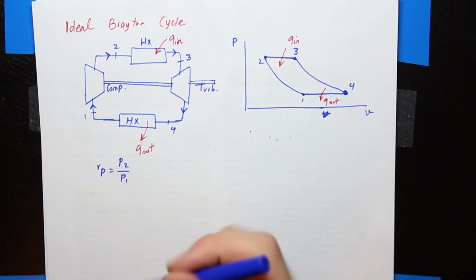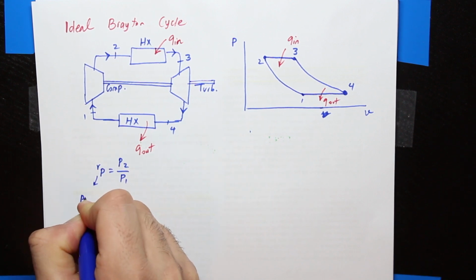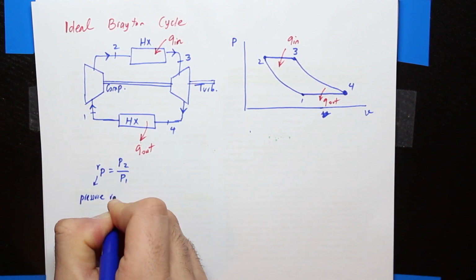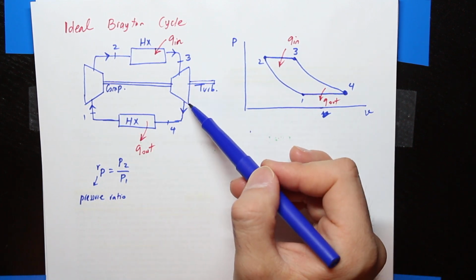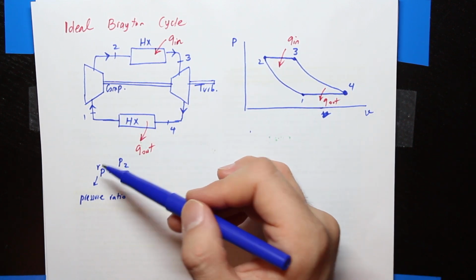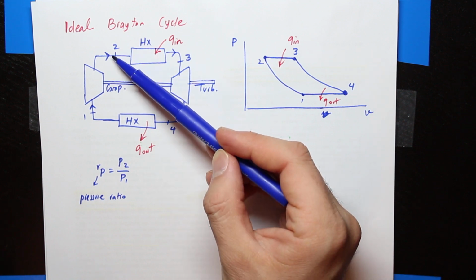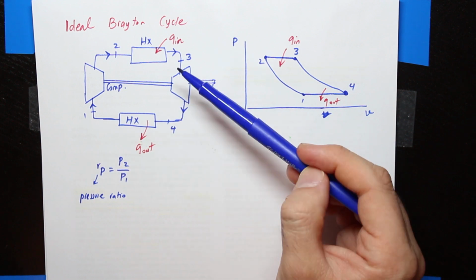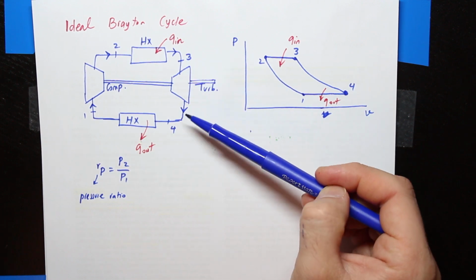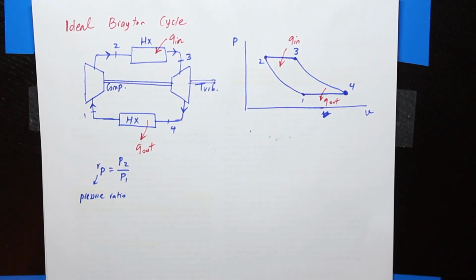So this RP, the pressure ratio, can be applied not only to the compressor but also to the turbine. Once again, the pressure ratio is the pressure after the compressor to pressure before the compressor, or the pressure before the turbine to pressure after the turbine.